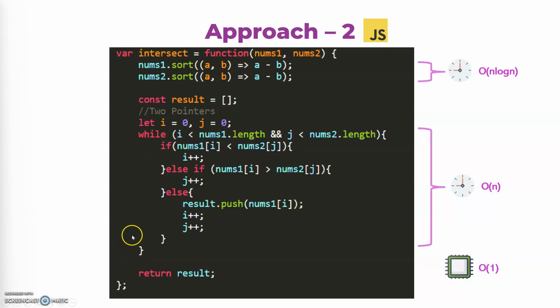For this block of code, we are iterating through every single element in both nums1 and nums2 in the worst case. And so for that, the time complexity is O of n. In terms of space, here we didn't use any additional data structure, so the space complexity is constant, O of 1.